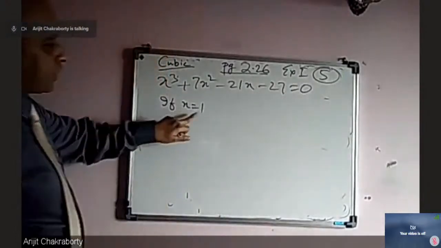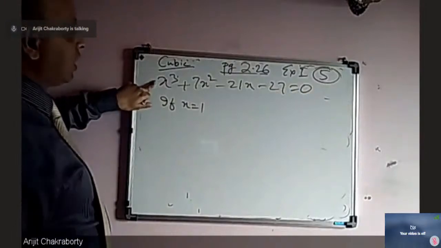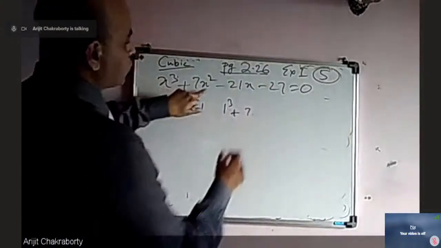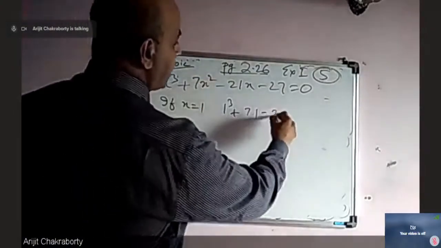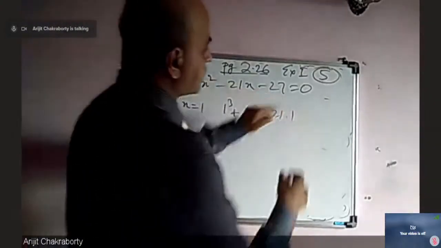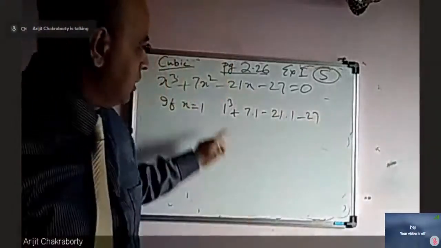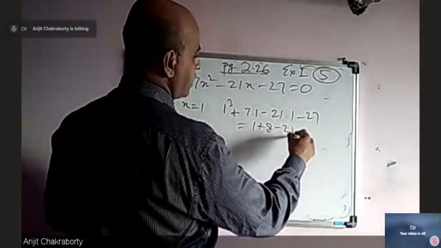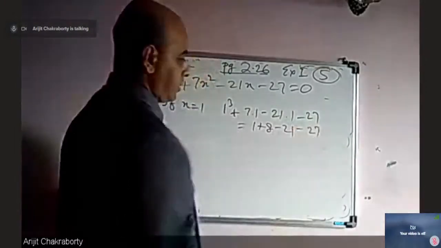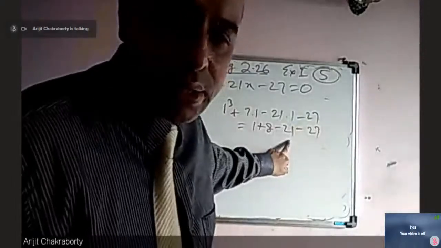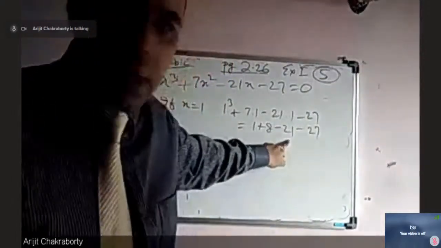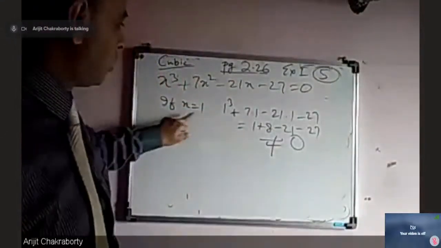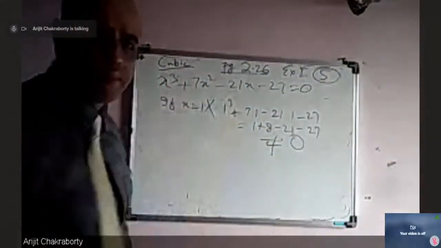X cube becomes 1 cube plus 7 into 1 square, that is 1, minus 21 into 1, minus 27. So this becomes 1 plus 8 minus 21 minus 27. Is it equal to 0? No, it is not equal to 0. So x equal to 1 is not correct.